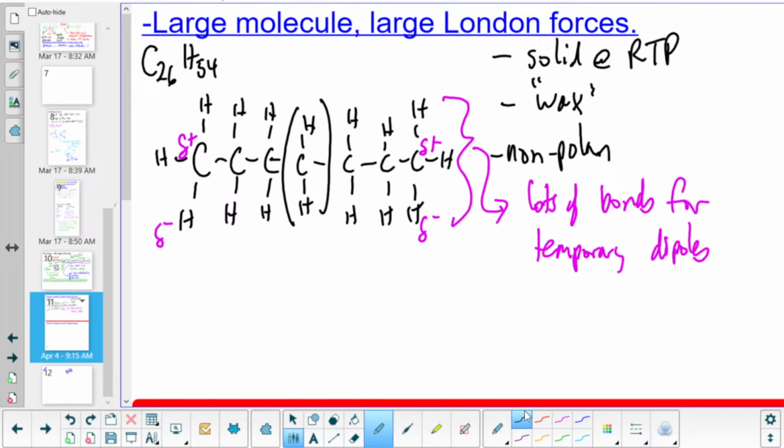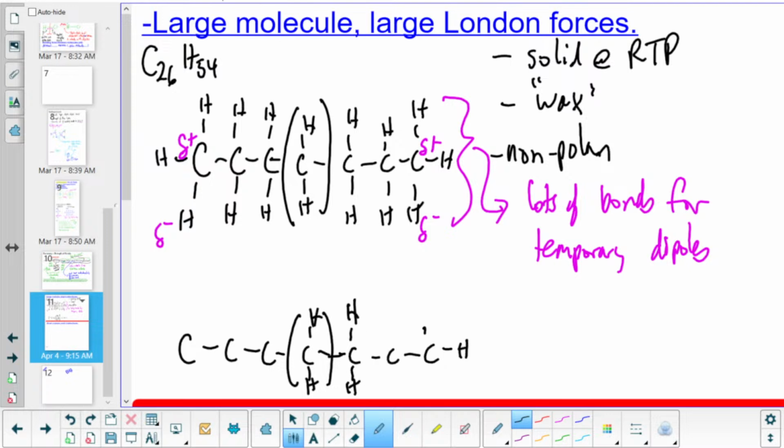And if there is another one lined up alongside of it, then there could be a moment, well, that's negative.